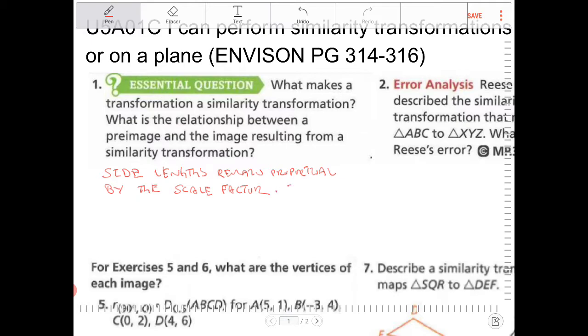The image is multiplied by the scale factor. Or I should say, the pre-image is multiplied by a scale factor.